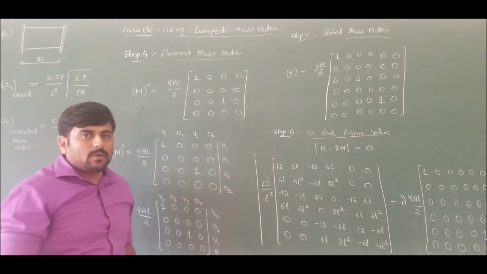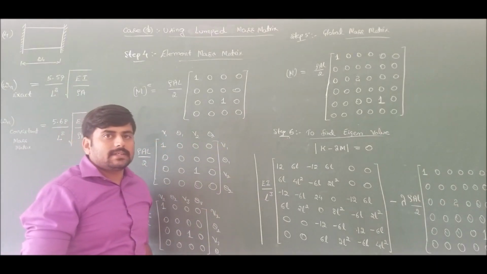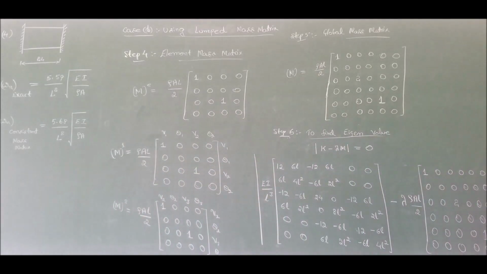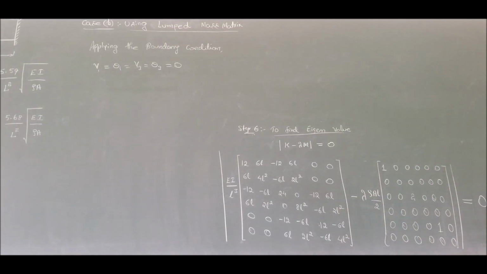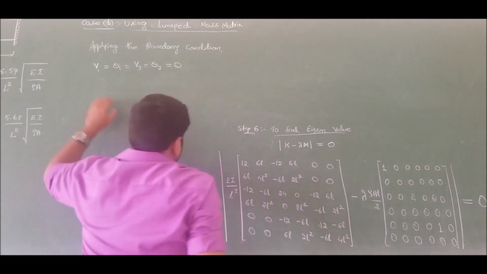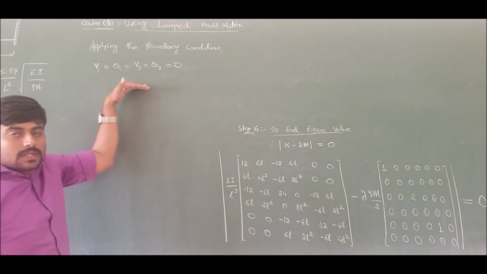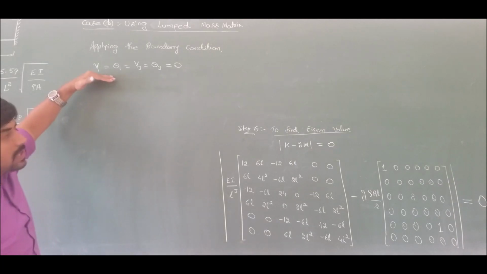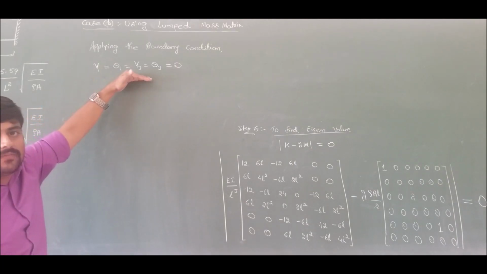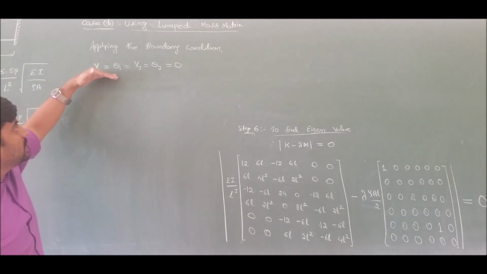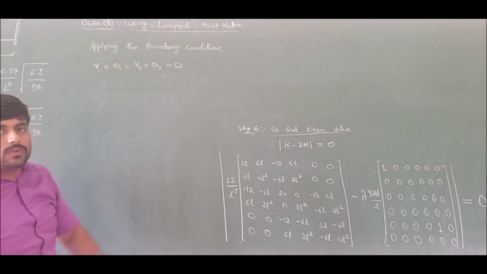Now applying the boundary condition and solving. The boundary condition for the problem is node number 1 is fixed and node number 3 is completely fixed. Therefore V1 theta 1, V3 theta 3 are all equal to 0.